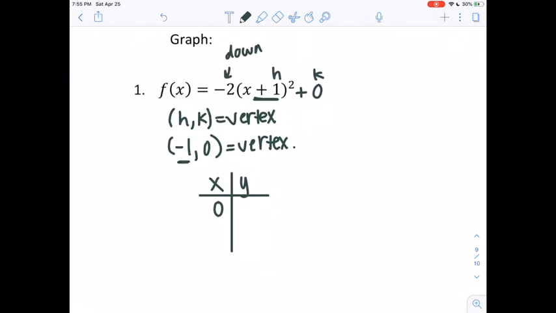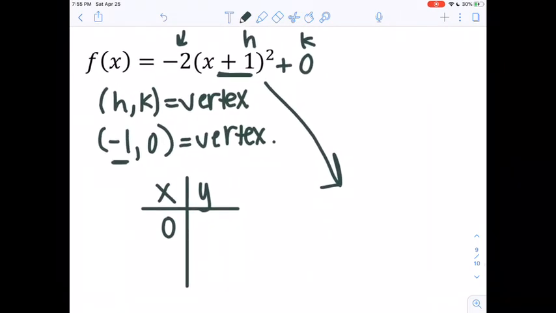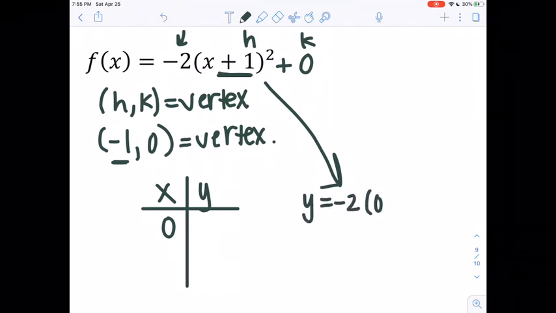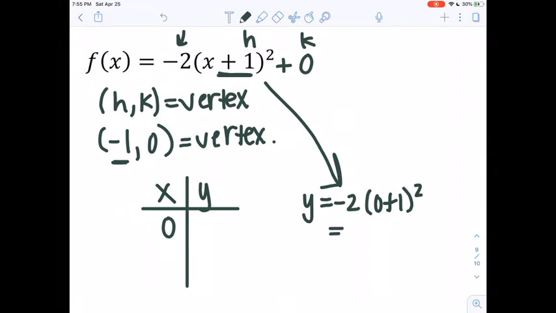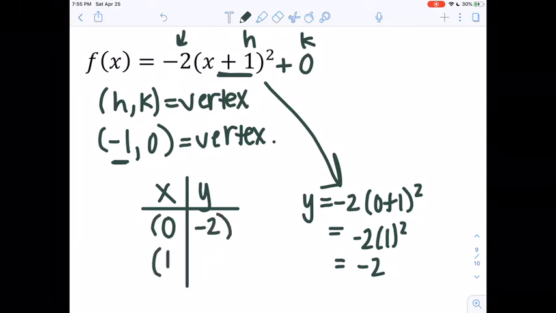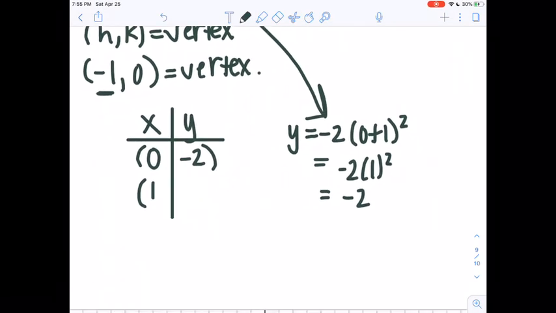So 0. So I'm going to plug in 0 to this function for x. So y equals negative 2 times 0 plus 1 squared. So negative 2 times 1 squared, which equals negative 2. So there's 1 point, and then I'm going to do the next number, which is 1. I'm going to plug that in for x.